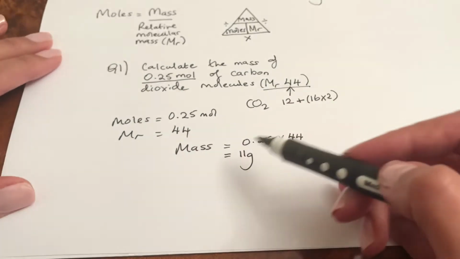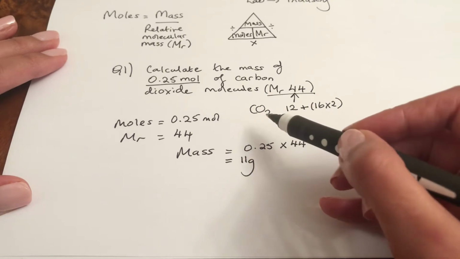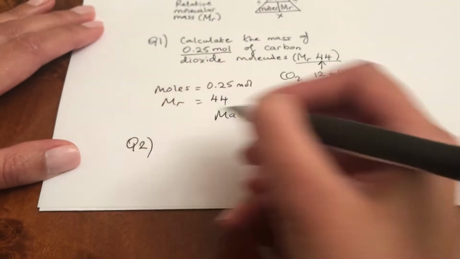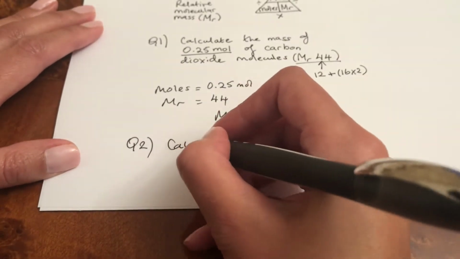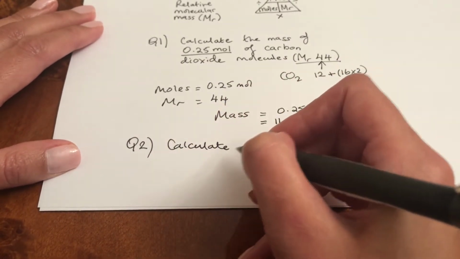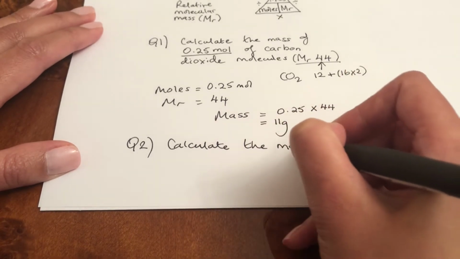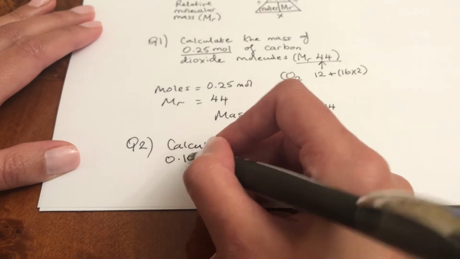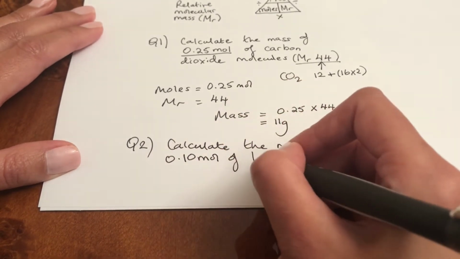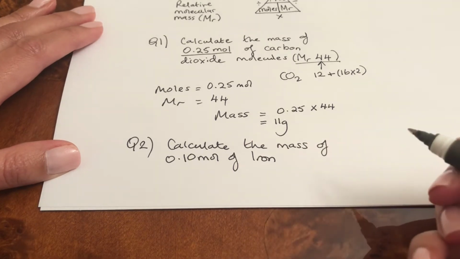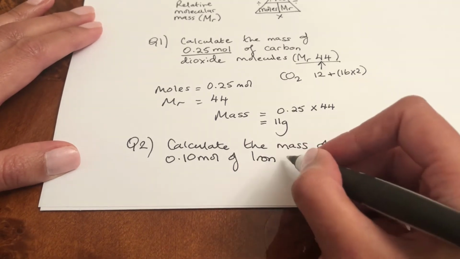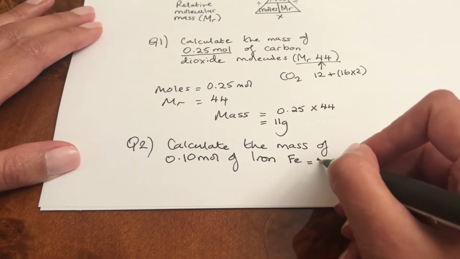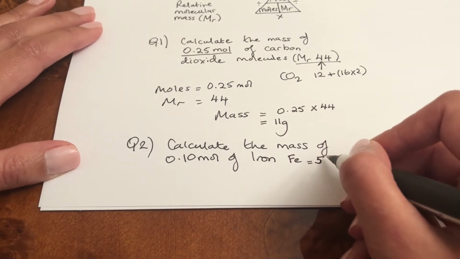Now, sometimes you may not be given the question relating to a molecule, it may actually be just an atom. So let's have a simple example of this one. Let's choose iron. So calculate the mass of 0.10 moles of iron, and then the chemical symbol is, yes, you've guessed it, Fe. Okay, and Fe, the atomic mass, is 56.